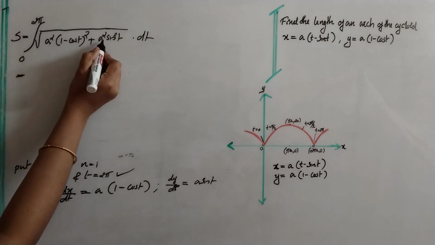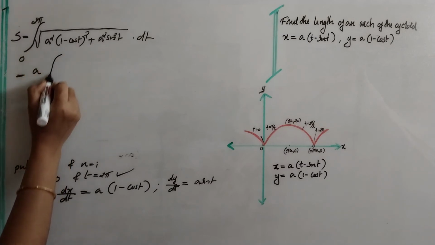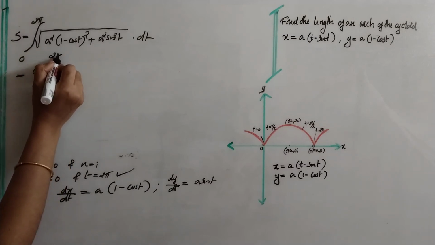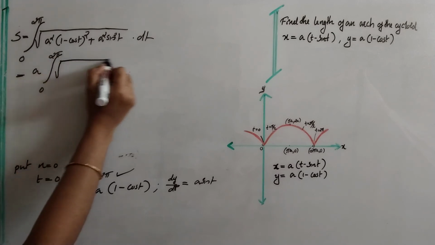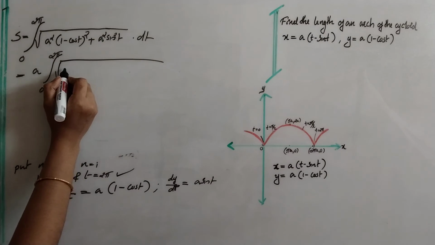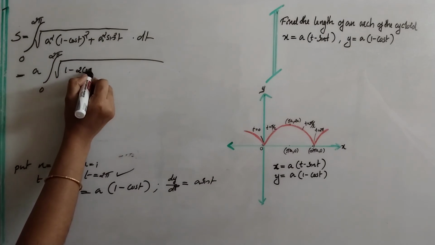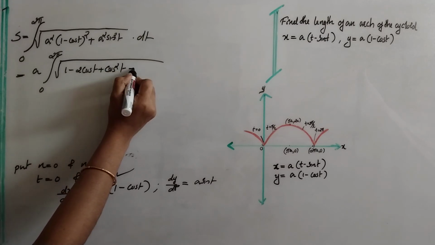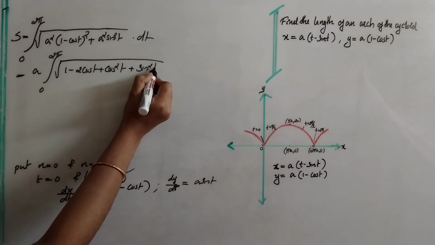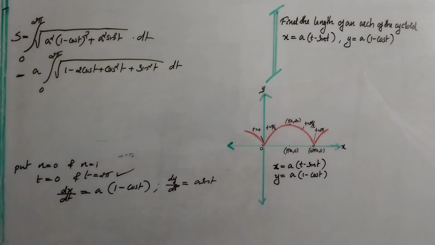Here a square is a common term, so we can take it outside. Root of a square is a. So 1 minus cos t the whole square, that is 1 minus 2 cos t plus cos square t, plus sin square t into dt.